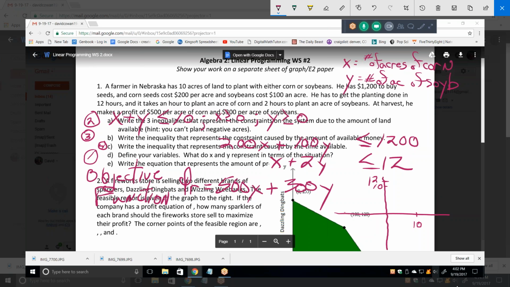Where are its x and y intercepts? Graph it as an equation, always. That's how you graph inequalities. Just start out by graphing them as equations, and then figure out which side of that line to shade.